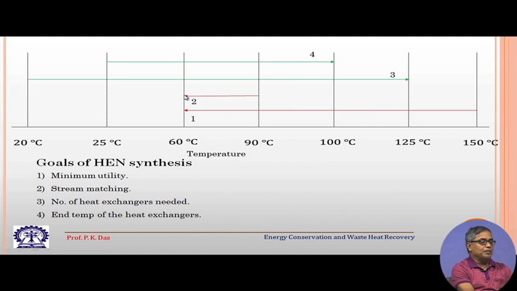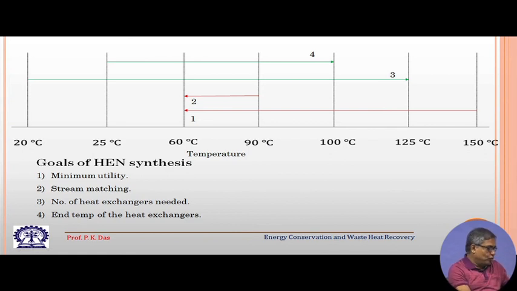This is a temperature to which a particular hot stream has to be cooled. Similarly, this is the same temperature to which the other hot stream is to be cooled. So, all these temperatures are given in the problem, and we have to abide by these temperatures because they are specified by the problem.